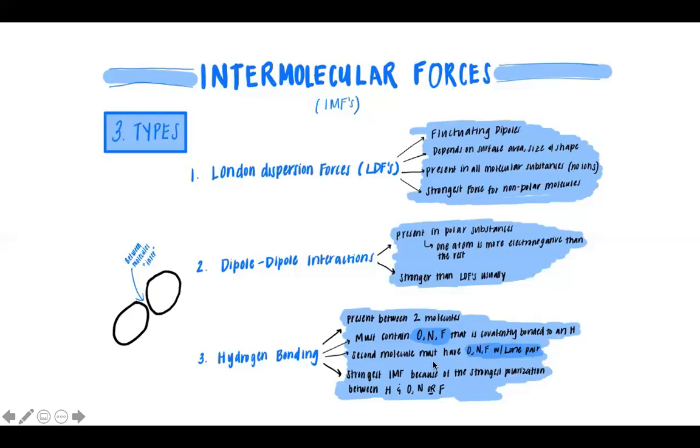In the second molecule, there must be an oxygen or a nitrogen or a fluorine with lone pairs. We will discuss more in detail later, but hydrogen bonds are the strongest IMF, and this is because of such a big polarization between the hydrogens and the oxygen, nitrogen, or fluorine, that it causes such strong partial charges.